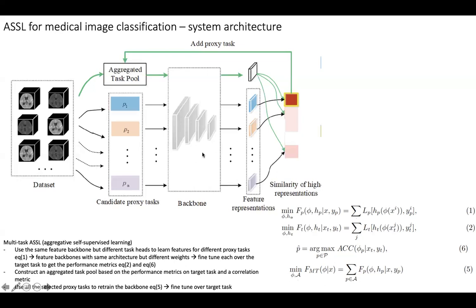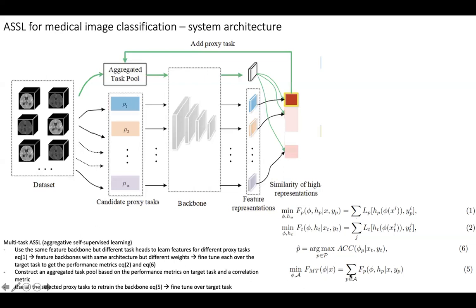It's not initialized from the pre-trained feature backbone. For this new feature backbone and the set of tasks, we train the feature extraction backbone and the proxy task heads simultaneously on these proxy tasks.